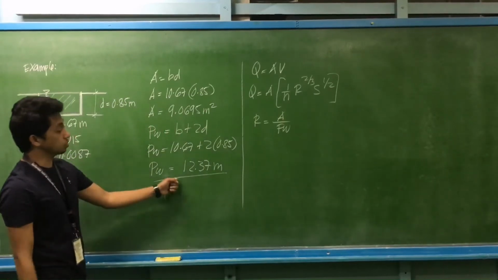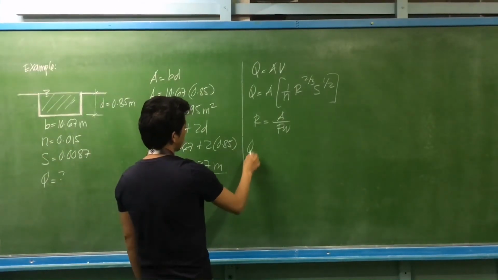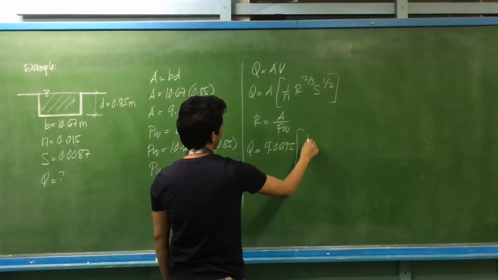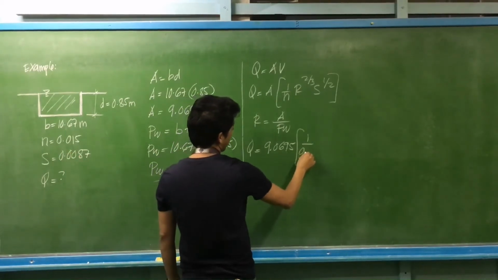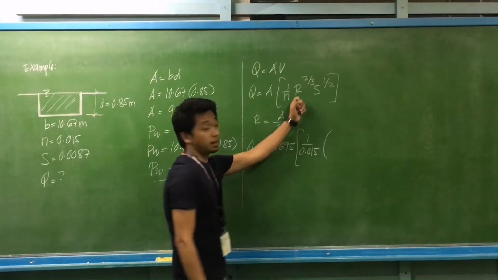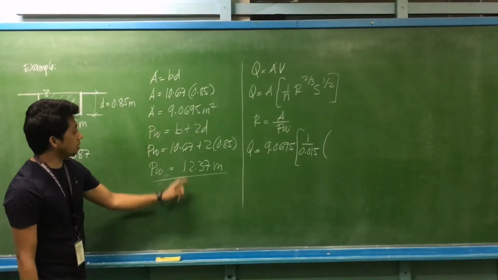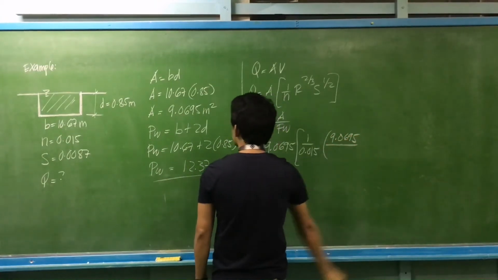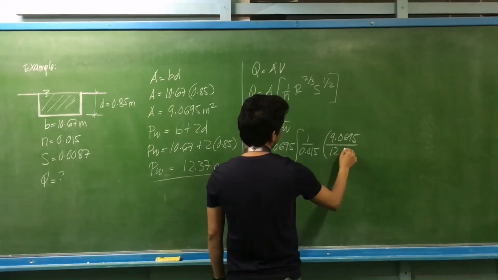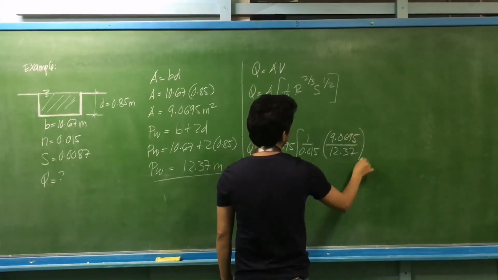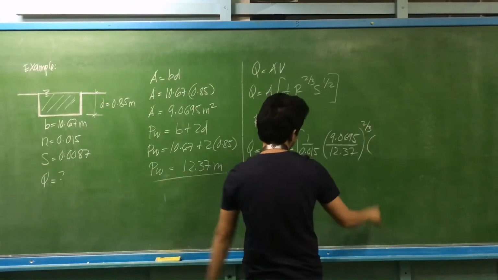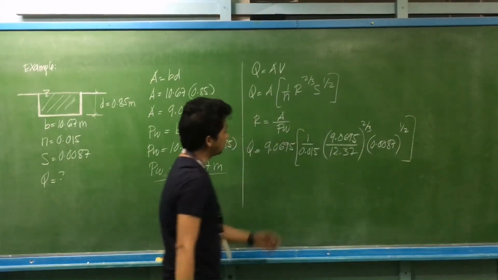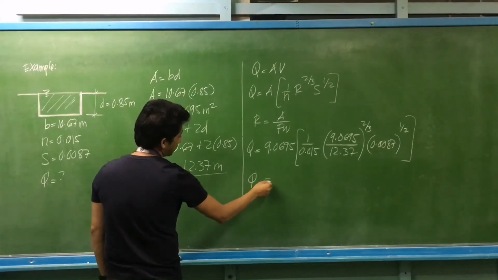Substituting the values, the discharge equals 9.0695 multiplied by 1 over 0.015, multiplied by 9.0695 divided by 12.37 raised to 2/3, multiplied by the hydraulic slope 0.0087 raised to 1/2. This will be in cubic meters per second. So what will be the discharge?